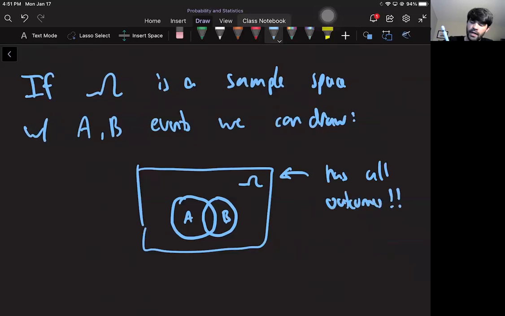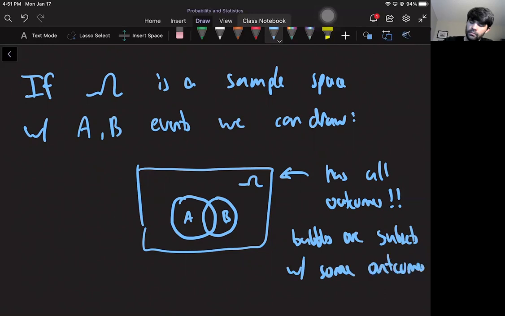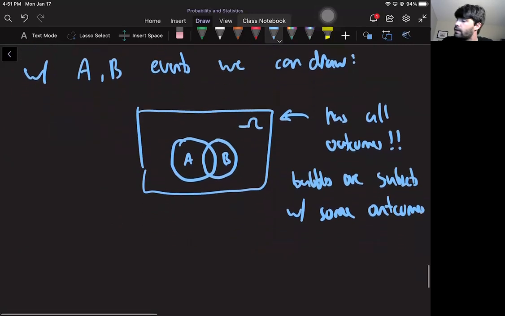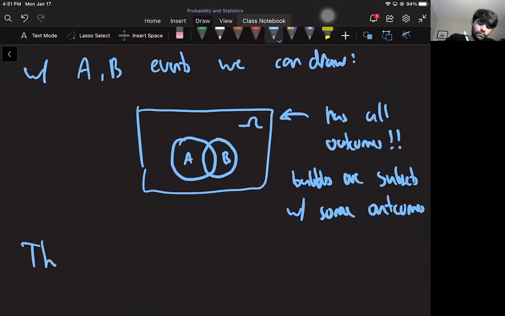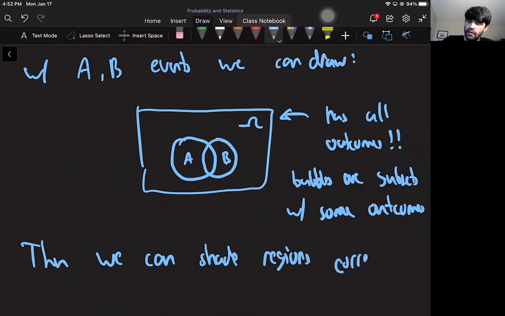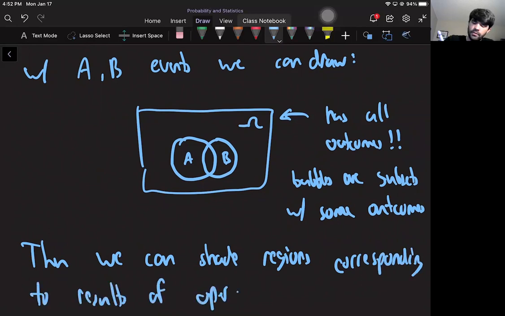And then these bubbles are inside of it, so they are subsets. They just have some of the outcomes, and the ones that they have are the ones inside of the bubbles. Then we can shade regions corresponding to the results of the operations.